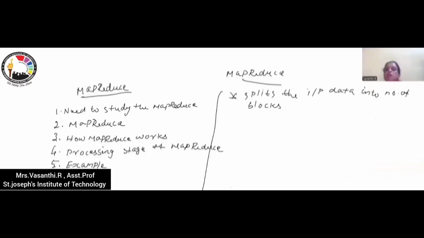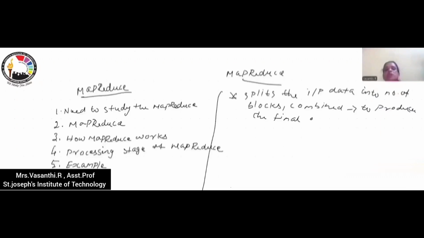First, it splits the input data into a number of blocks, and combines the blocks finally to produce the final output.